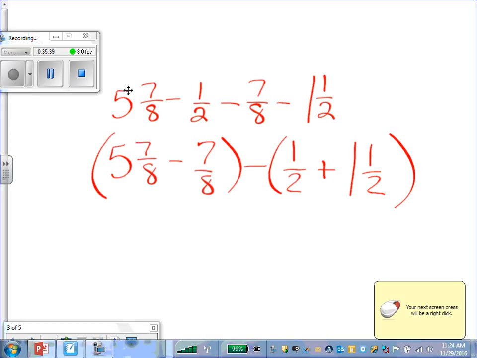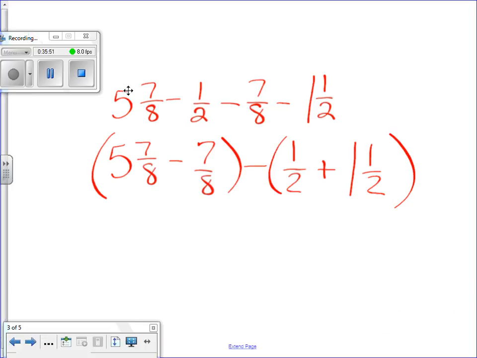Wait, so every time you subtract, your next thing. Only because I'm combining these. What's 5 7/8 minus 7/8? 0. It's 5. Got a whole number right there. 7/8 minus 7/8 is 0, but I still have a 5.